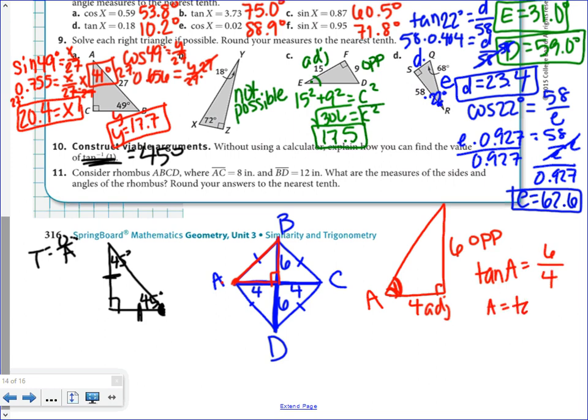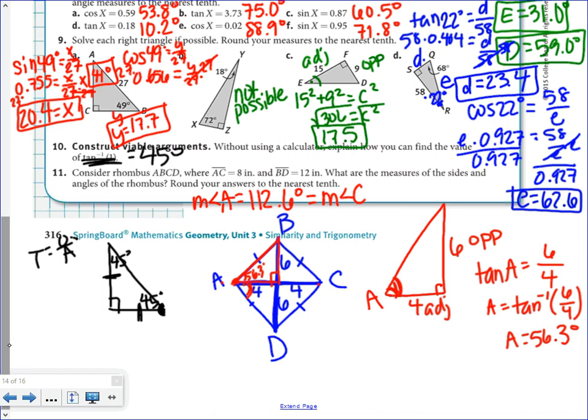So that angle A would be tangent inverse of 6 over 4, which gives you 56.3 degrees. So if this angle is 56.3, I know that this angle down here is also 56.3. So that means that the measure of angle A would have to be 112.6, which is also going to be the measure of angle C, because remember, our opposite angles in a rhombus are congruent.